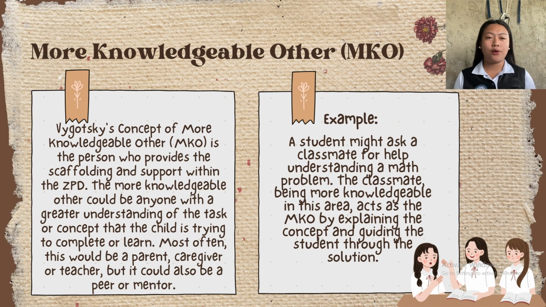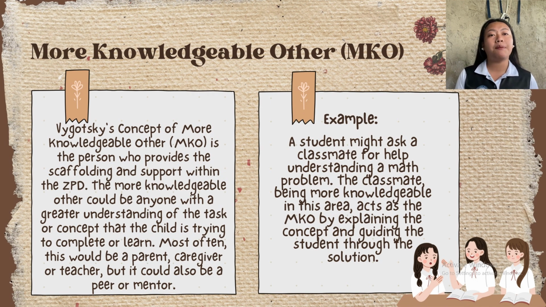The MKO can be a teacher, parent, coach, or even a peer who provides guidance and modeling to enable the child to learn skills within their zone of proximal development. So it is like the gap between what the child can do independently and what they can achieve with guidance.